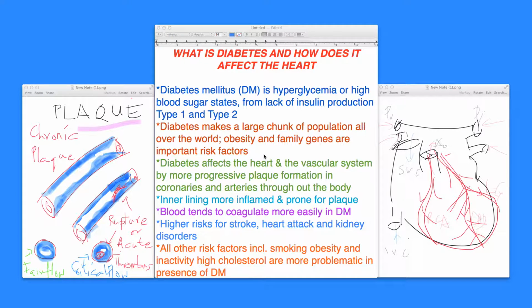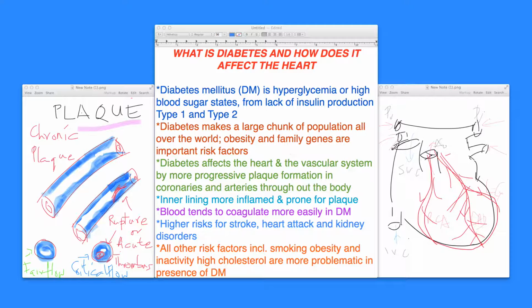This is Dr. Jaitly. In this video clip, I'll be discussing very briefly the basics of how diabetes affects someone's heart. We know diabetes affects a fairly large population all over the world.